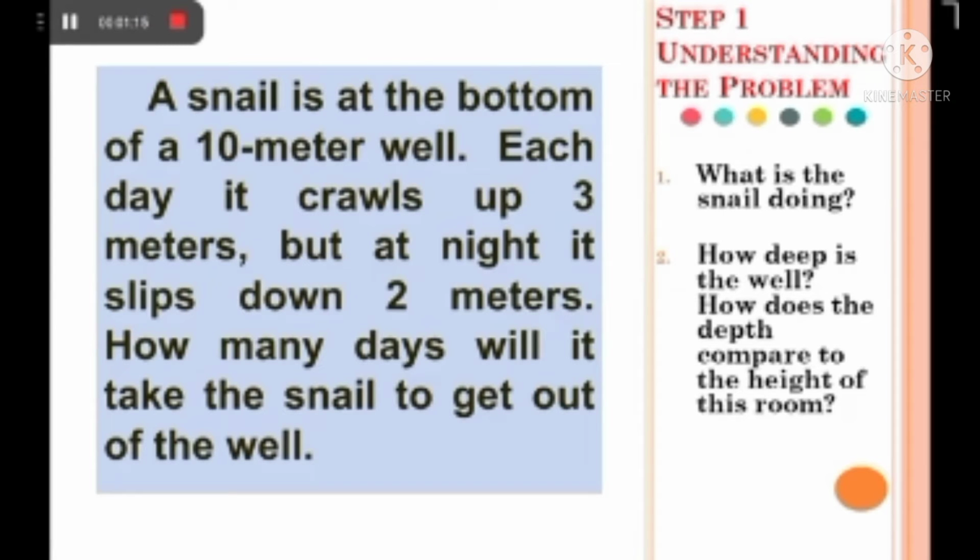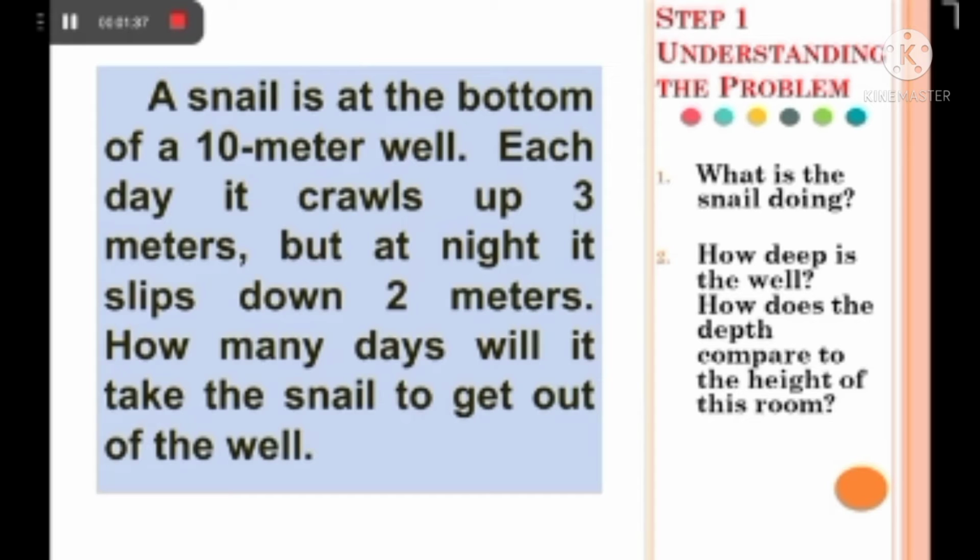So step 1, understanding the problem. So here we have to understand the problem and identify the hints that we can use to solve the problem. So what is the snail doing? So a snail crawls up 3 meters each day, but at night it slips down 2 meters.